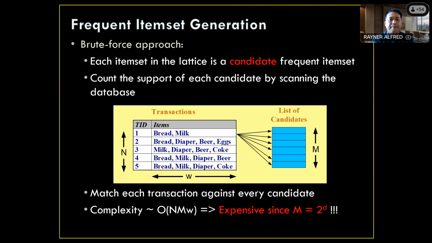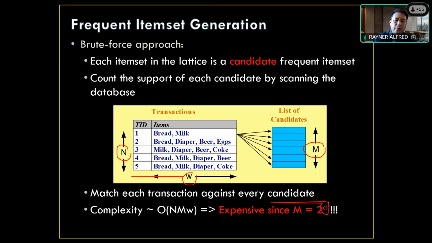If you look at here, N refers to the number of transactions, W refers to the size of your item set, and you will have a list of candidates M, which is 2 to the power of D. The D here refers to the number of unique items that we have, right? So the complexity is very, very high. You have to count the number of occurrences of all the combinations here.